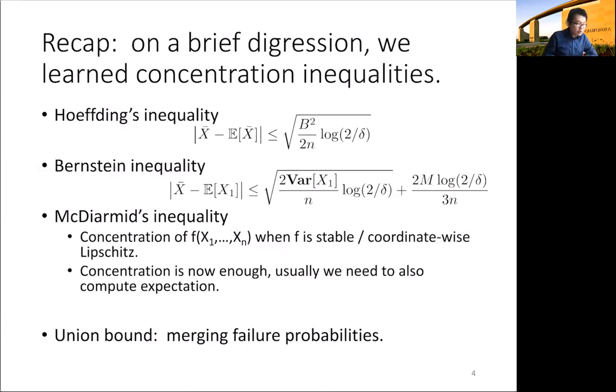All these inequalities say something relatively straightforward: that the average converges to the mean. Both Hoeffding's inequality and Bernstein's inequality are finite-sample versions of the law of large numbers and the central limit theorem, as these bounds are roughly the same as Gaussian tails.